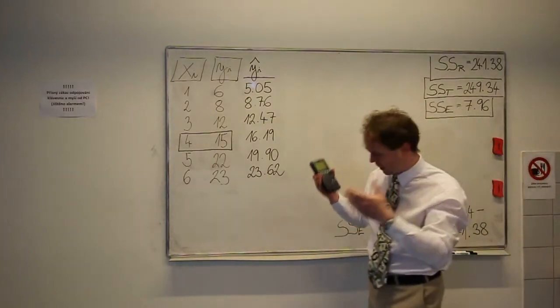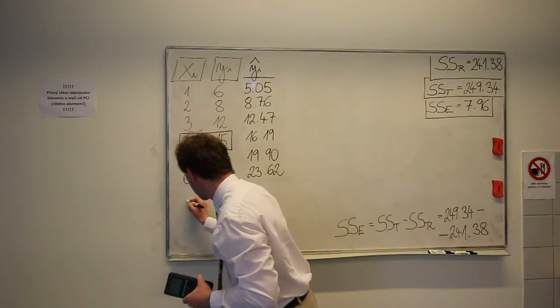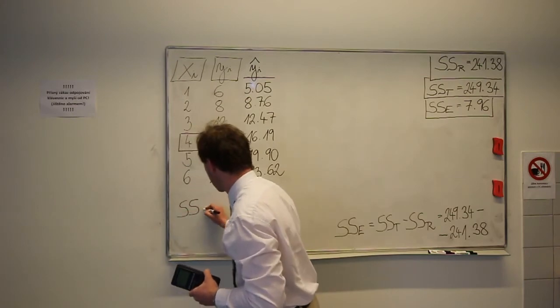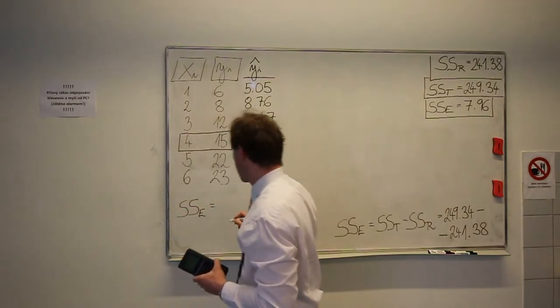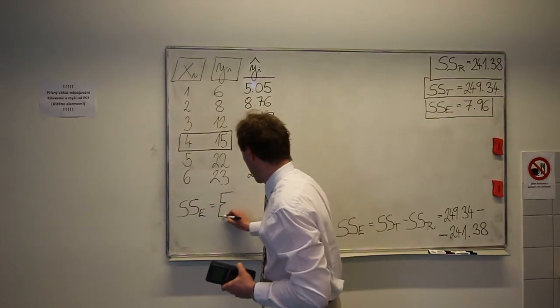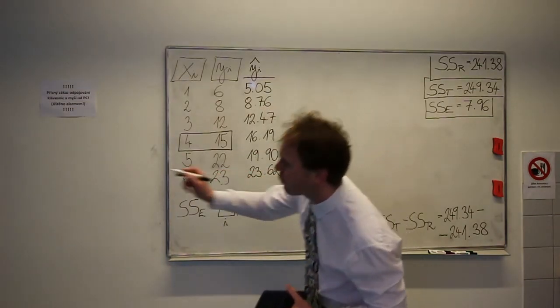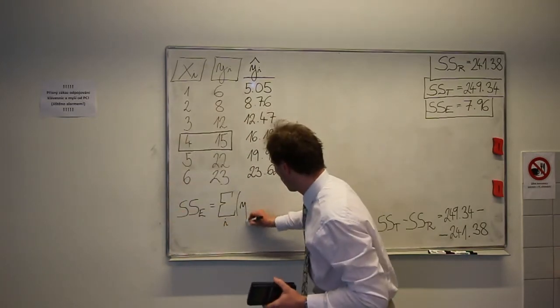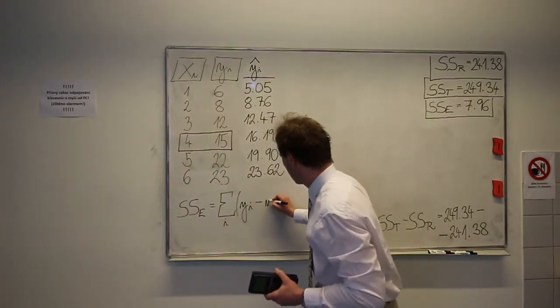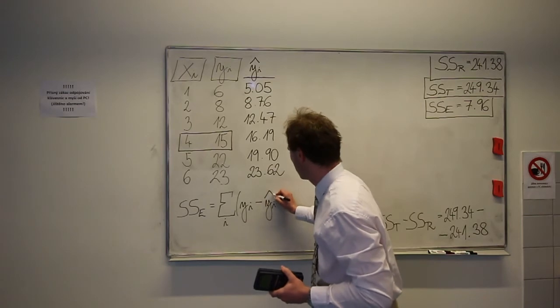The sum of squares error is calculated as the summation through all E of the squared difference between YE and YE hat.